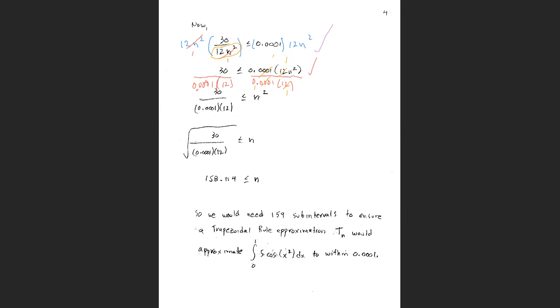So n squared is greater than or equal to 30 divided by that denominator, and now we take the square root of both sides. The square root of 30 divided by 0.0001 times 12 turns out to be 115.114.